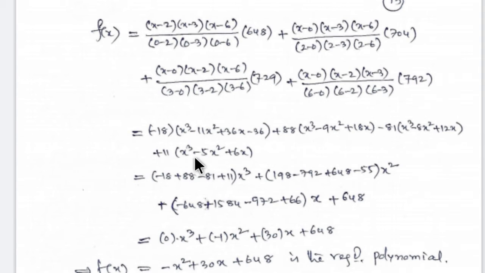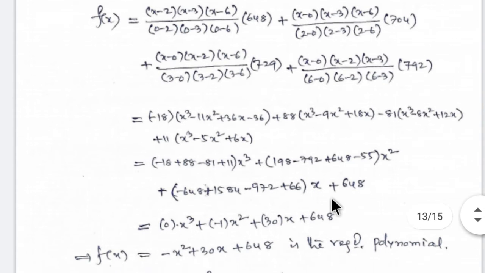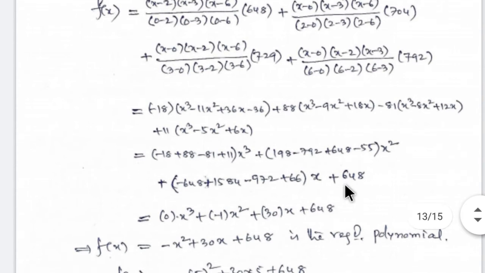If you separately write the coefficient of x cube, that is minus first bracket, minus 18 is the coefficient of x cube, second bracket plus 88 is the coefficient of x cube, like this. You collect the coefficient of x cube, the coefficient of x square, the coefficient of x, and the last constant, independent terms.